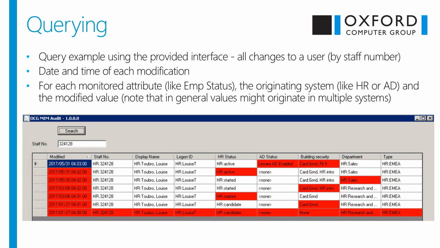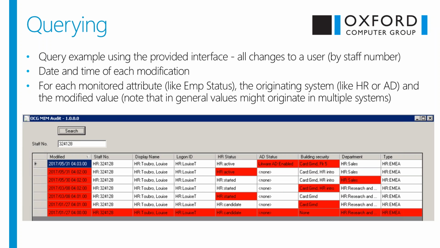We also notice we have a building security system. In the building security system, we control which floors somebody's allowed to have access to, and it's telling us about changes that have happened in that system, again resulting from changes in their HR attributes.